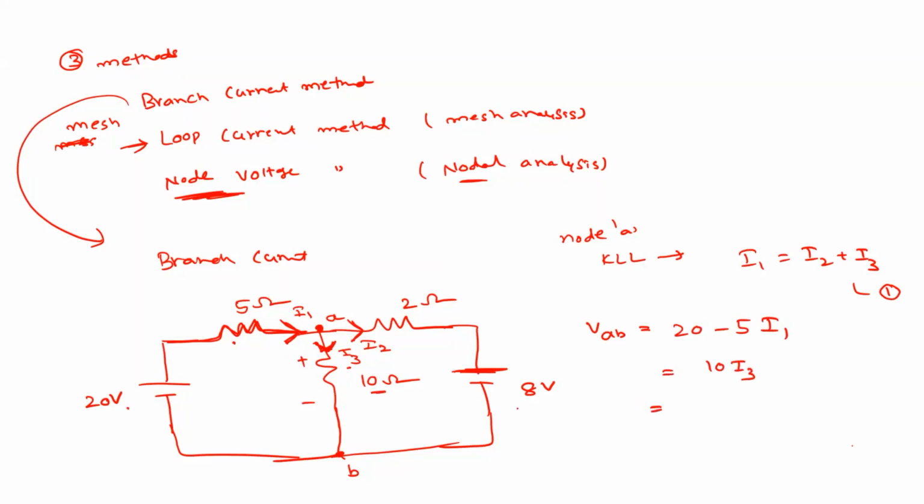Now tell me, by using this 8 ohm resistor, what is VAB? 2 I2 minus 8. Here this current is flowing inside. So this is the circuit: this is 8, this is the current I2, and we have this 2 ohm.